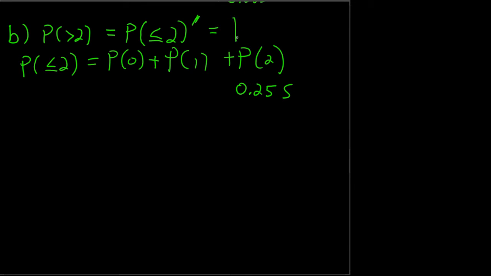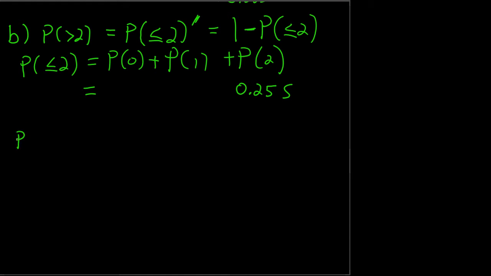And we're going to say this is 1 minus the probability of less than or equal to 2, because that's what our complement is. So what we need to do is figure out the probability of 0 and the probability of 1. And I can do this on my calculator. I can use my up arrow key and I can change the numbers.